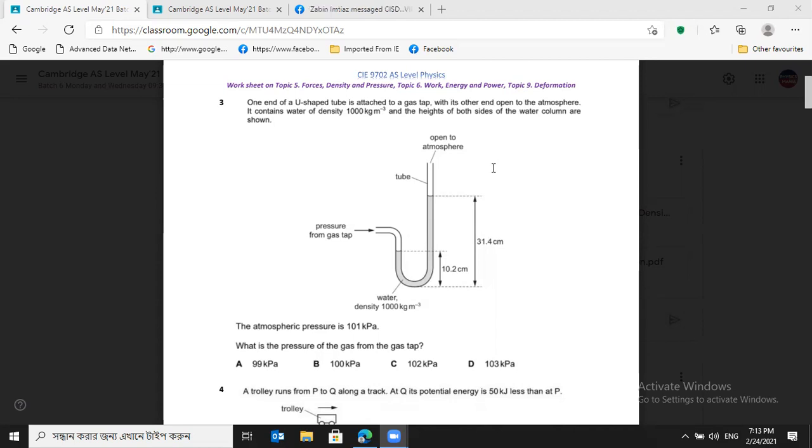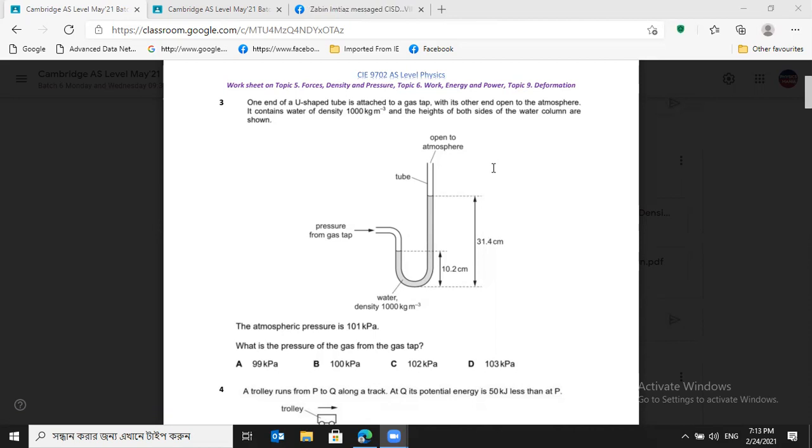The liquid pressure is H rho g. So what is your H here? 31.4 minus 10.2, put in brackets, into 10 to the power minus 2, because it's in centimeters.